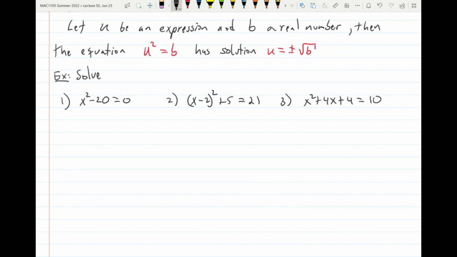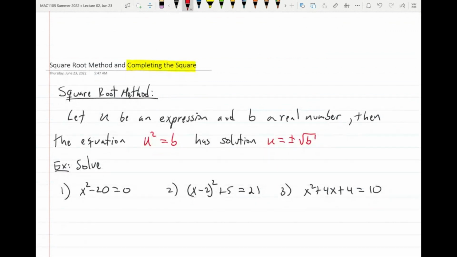In other words, the square root method is helpful for equations of the form ax squared plus c equals 0. So if the bx term is not there, then you just move the c over, divide by a, and take square root. Okay. If you have a middle term with an x, then you have to either try factoring or the other techniques that we will soon discuss.